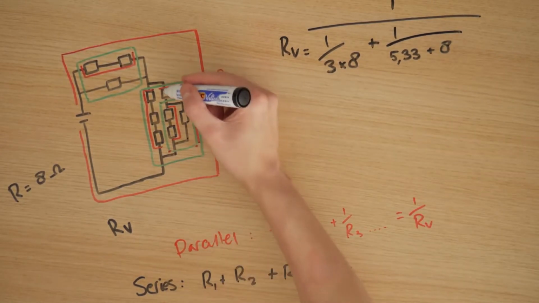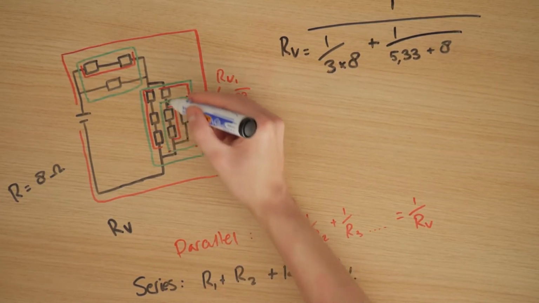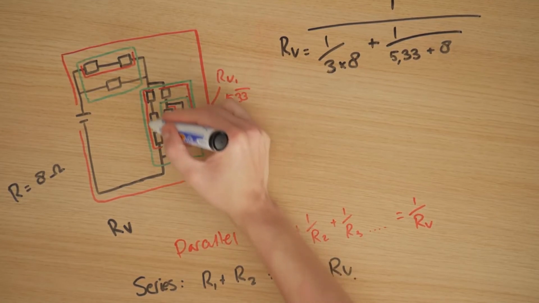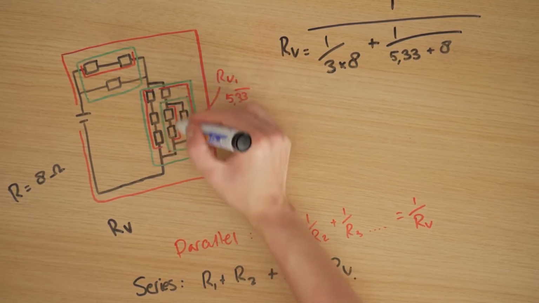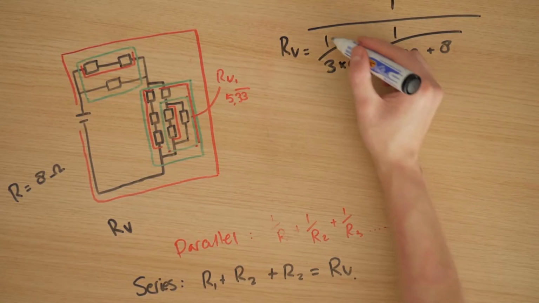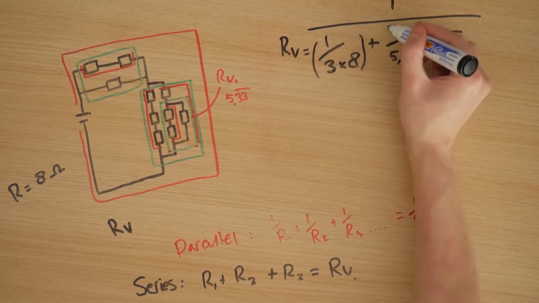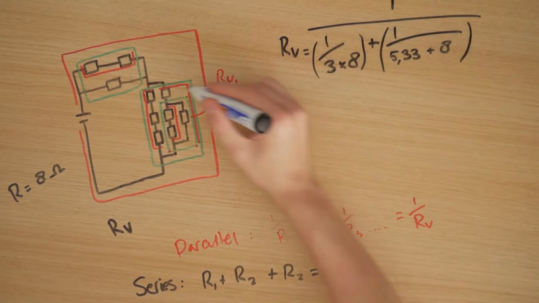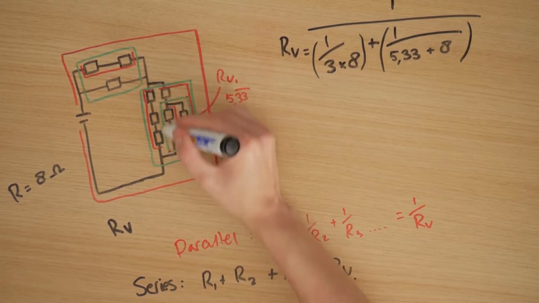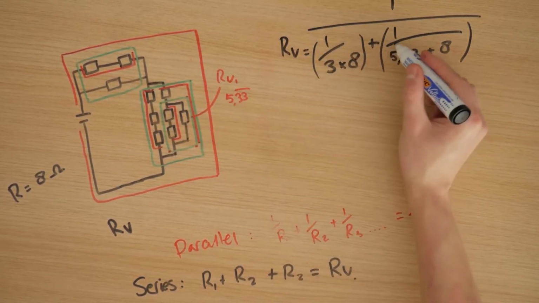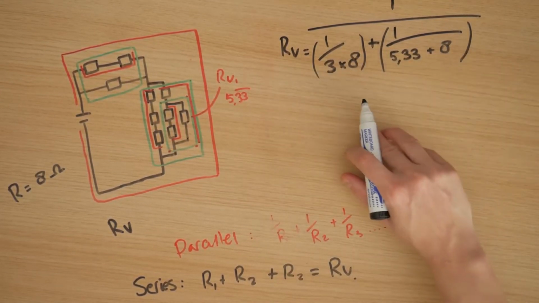Because that's one line. Every line in a parallel circuit gets one of these things. So we have just 2 lines here, this one and this one. So we're only having 2 of these.